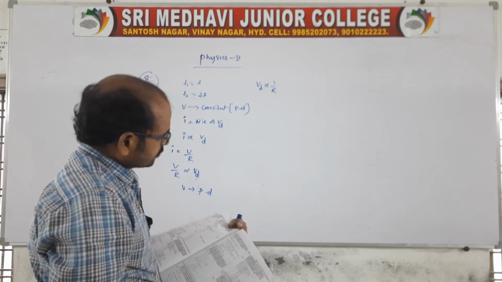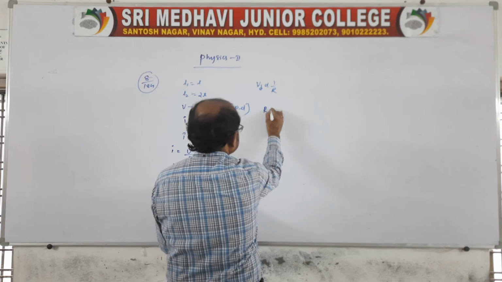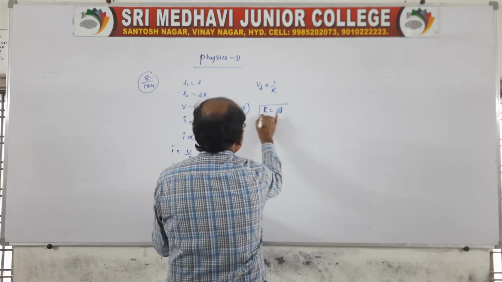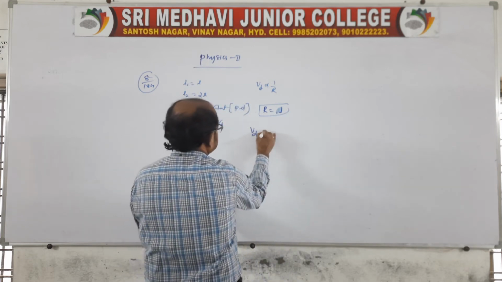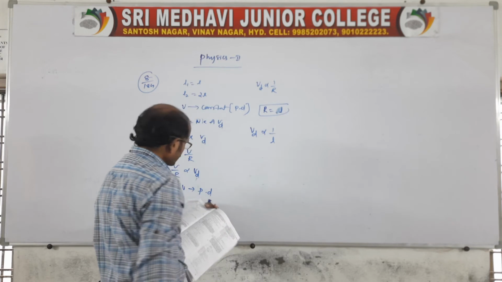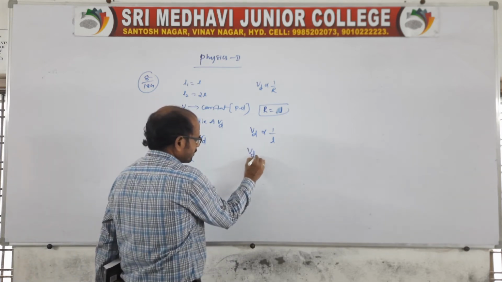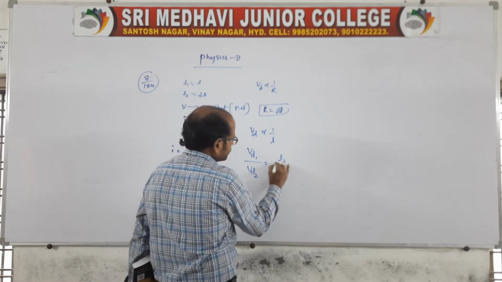So here we should convert into lengths. We know resistance is directly proportional to L. Then we get the answer: Vd is inversely proportional to L. Therefore Vd1 by Vd2 is equal to L2 by L1.